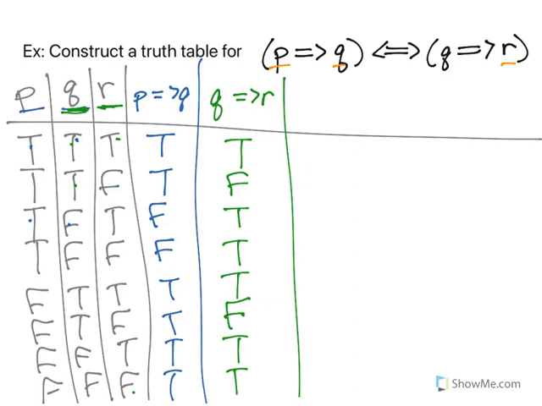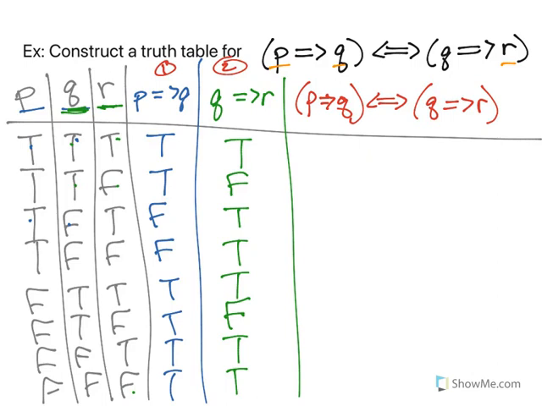Now we can put those together and do if P, then Q, if and only if Q, then R. So now I'm looking at these two lines. Because we are dealing with a biconditional, we are true when both values match, right?